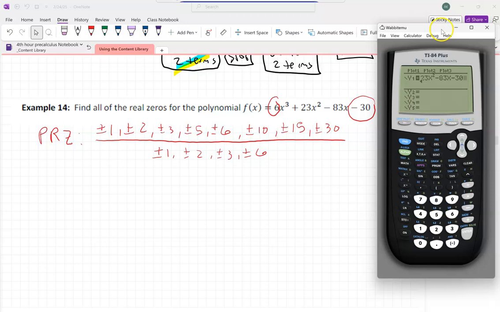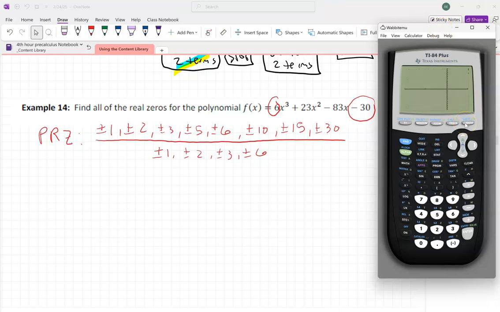Well, I'd be going back to the standard window and hitting graph anyways. Oops, I didn't do that. So let's do a zoom standard. Okay, so if I look, it looks like I have an answer here at -6, something between -1 and 0, and another answer between 2 and 3. Do you guys see the x-intercepts here?